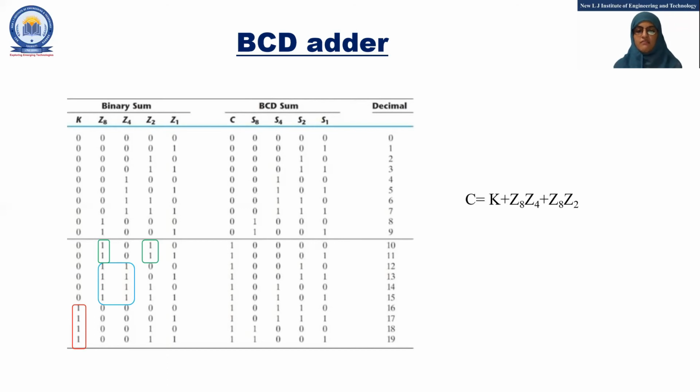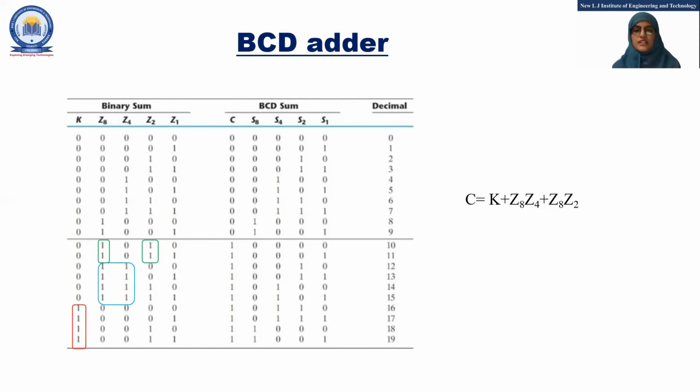Same for 19, we will write 1, 1, 0, 0, 1. So here S8, S4, S2 and S1 will represent 9 and C will represent 1, which will make it 19. Now we have to produce the equation for the carry C, which is the carry of the BCD sum.